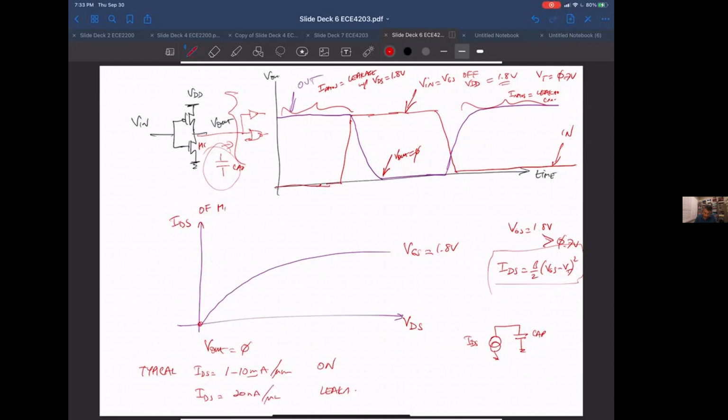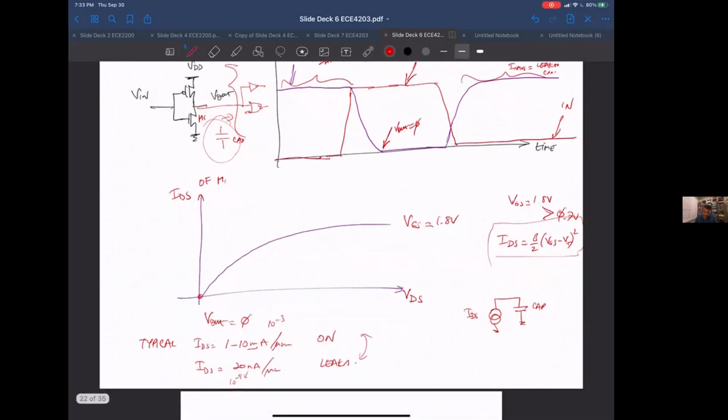Milli is times 10 to the minus 3, nano is times 10 to the minus 9. So this is like 6 orders of magnitude less between the leakage current and the on current. So yes, there is this current flowing when the transistors aren't switching, but it's really, really small.